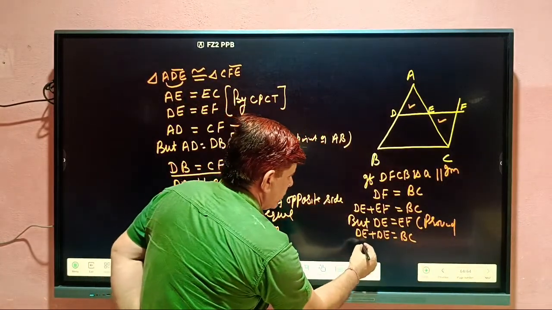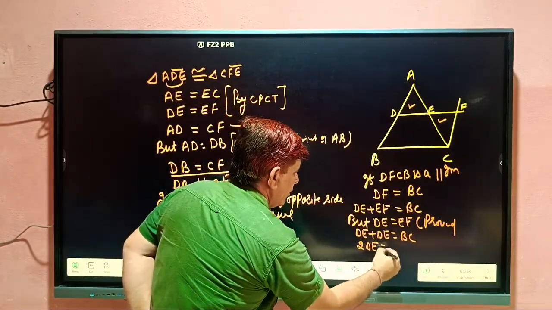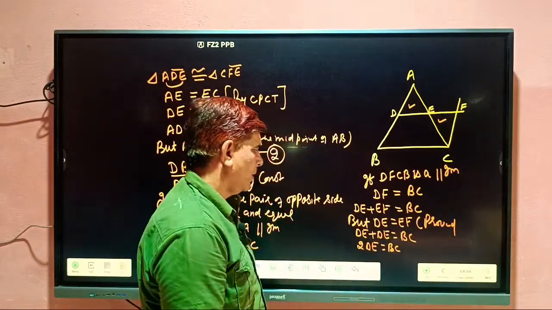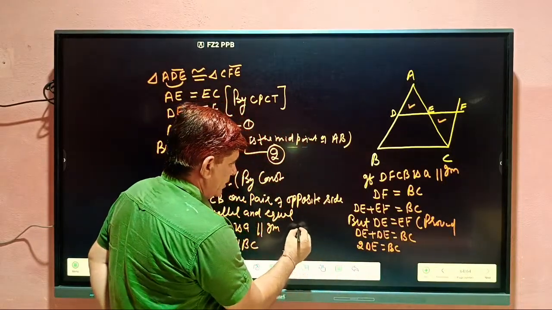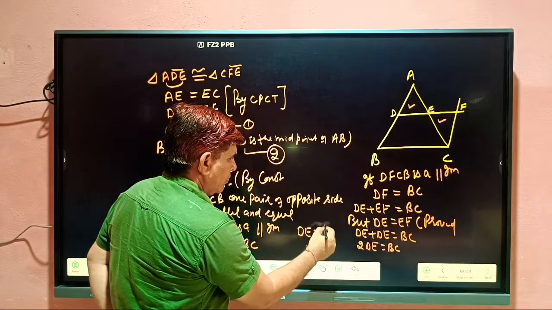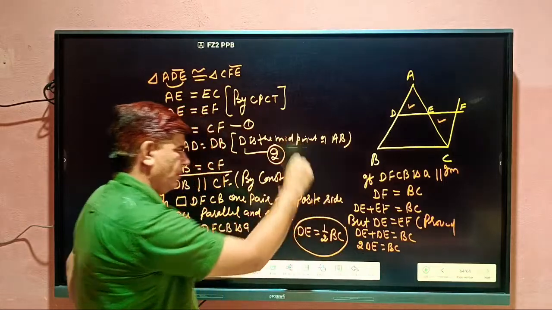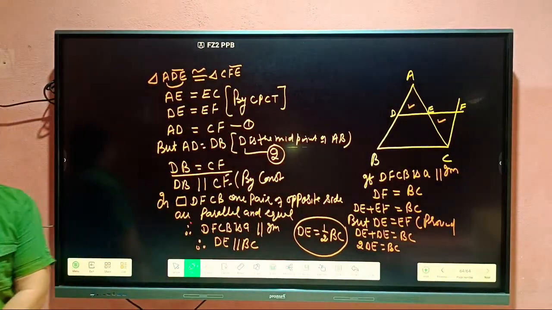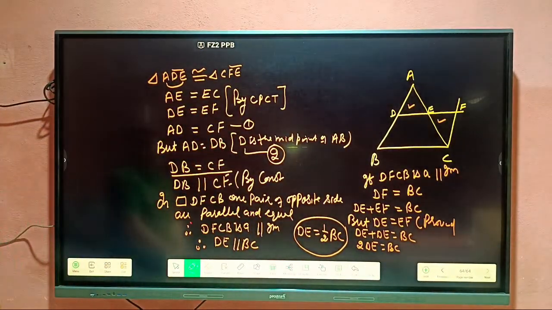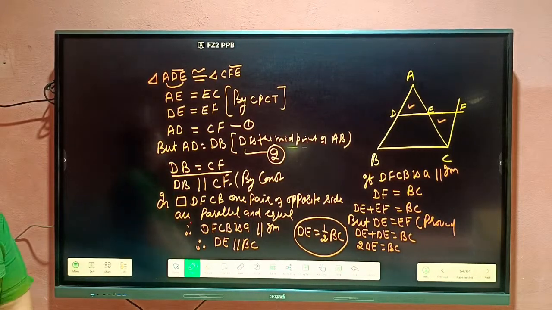DE, meaning twice DE, is equal to BC. What's its meaning? Here I can write DE is equal to half of BC. This is the proof which is given in class 9th.